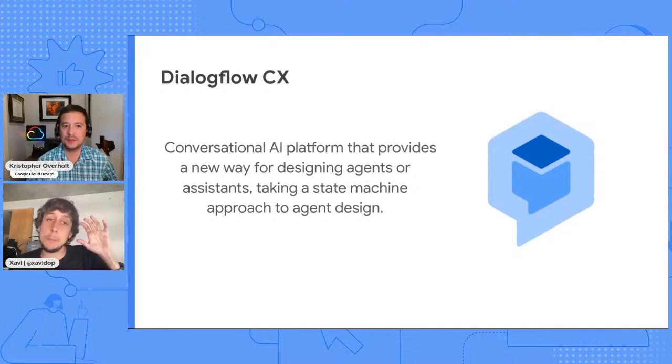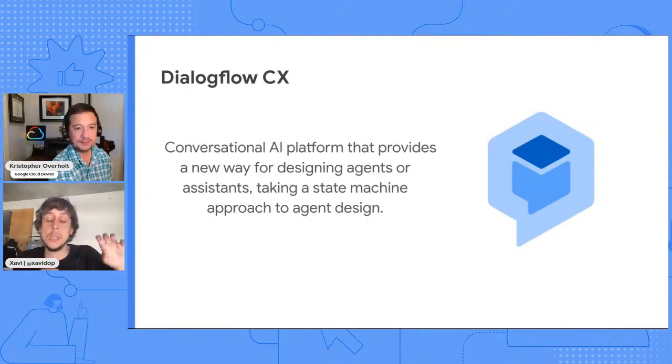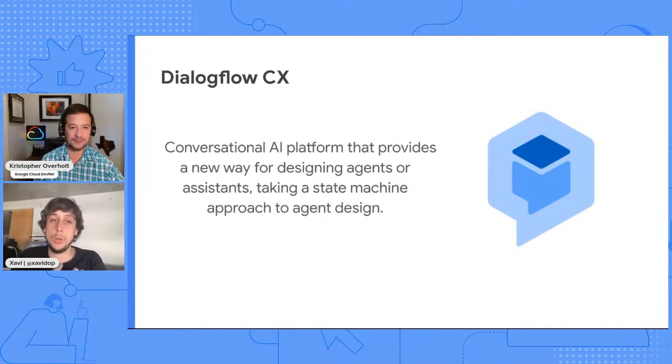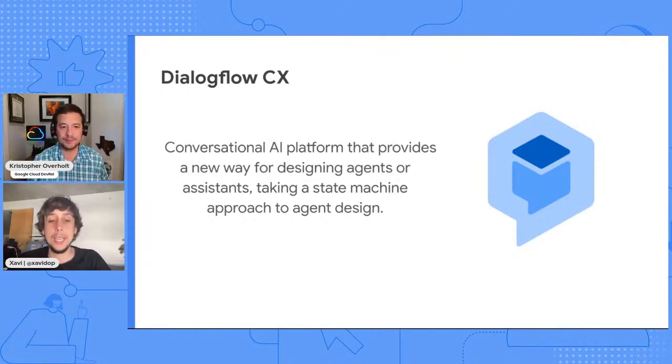That's one of the main important concepts in Dialogflow CX. The other one is the page. Within a flow, you have multiple pages, or blocks, and you can go from one page to another. That is why I said it's a state machine.